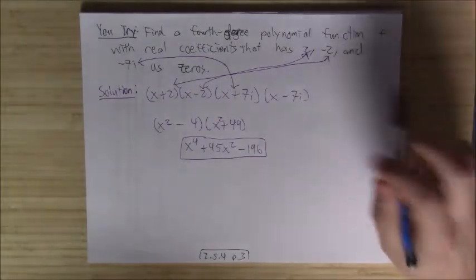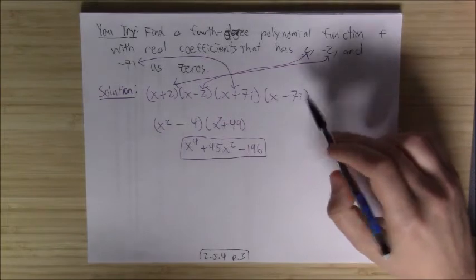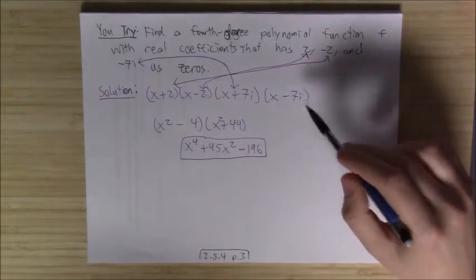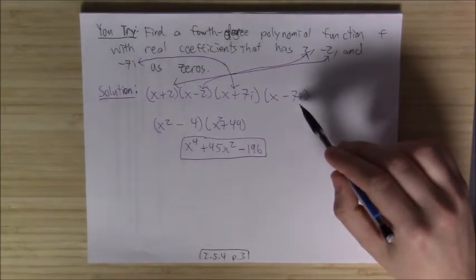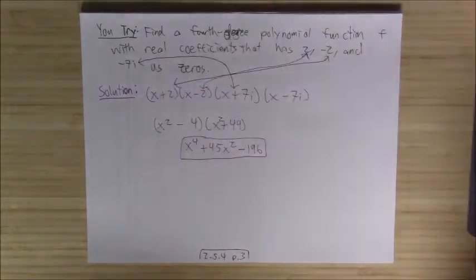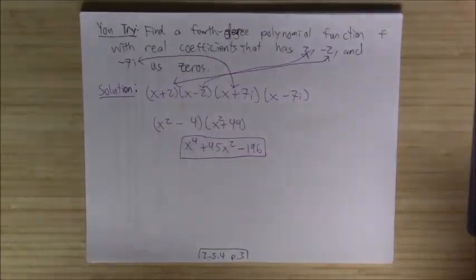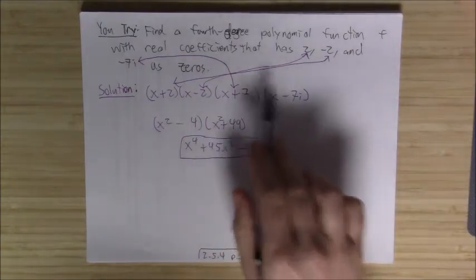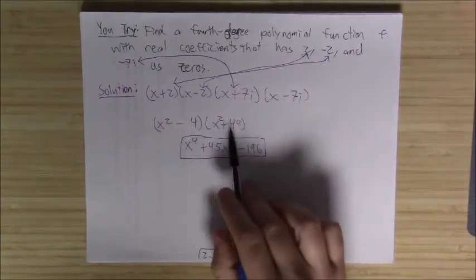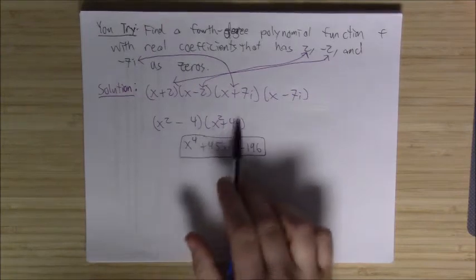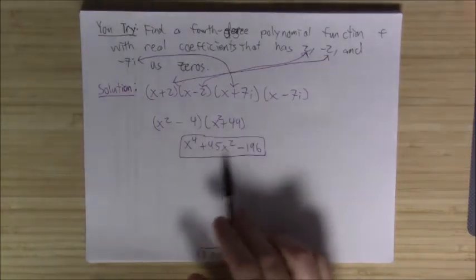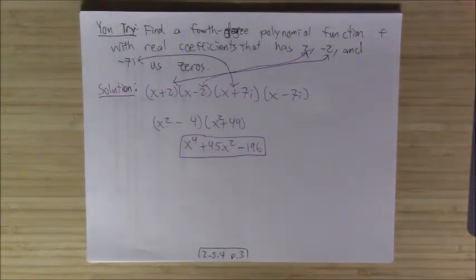But x minus 7i will also have to be one because 7i needs to be a 0, since -7i was a 0 and we want real coefficients. So putting those two together gives me that, putting these two together gives me that, and then you put those together, FOIL them out, and simplifying, you'll get that.